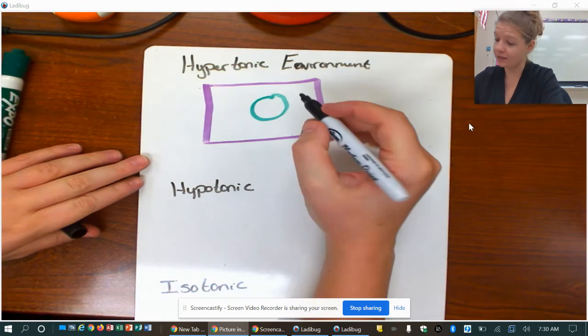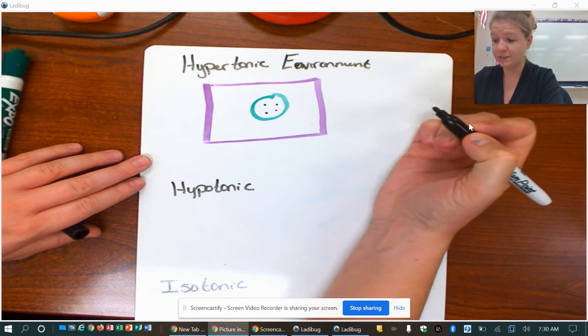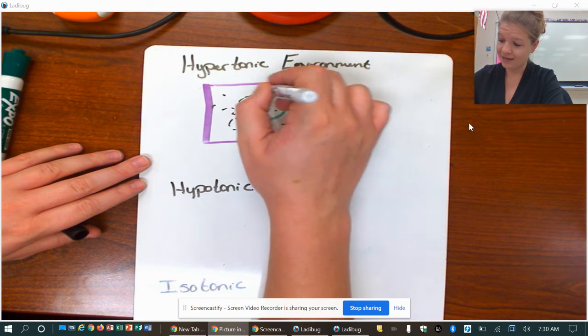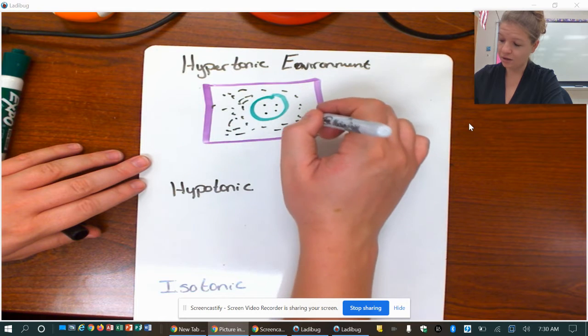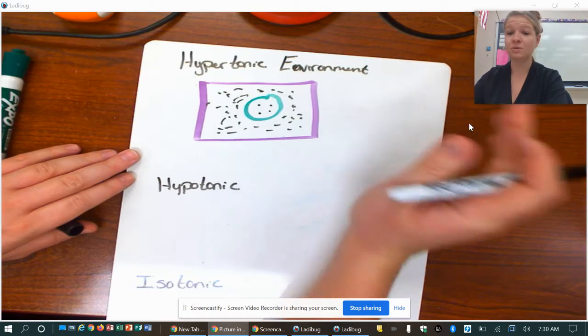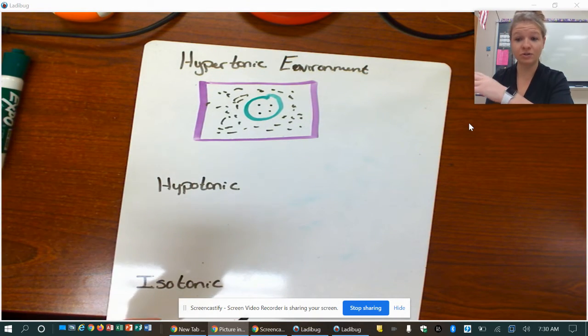So hypertonic means that there's not that many solutes in a cell, but outside the cell, there is a high number of solutes. So water wants to even it out, right? Water always wants to make it so there's an even concentration of solutes.